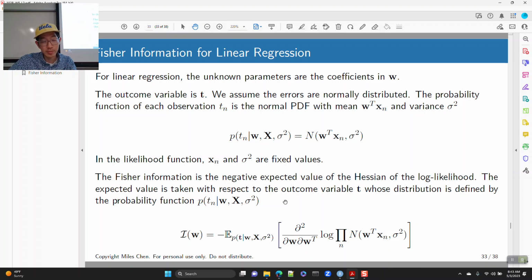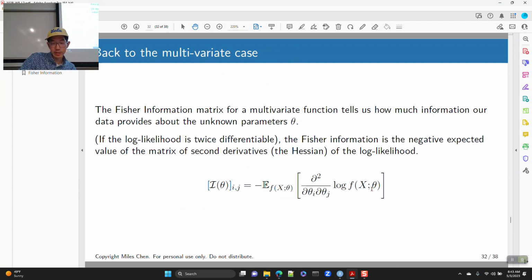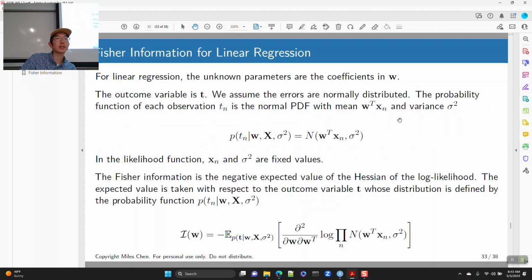So if we do this for linear regression, the unknown parameters are actually going to be the coefficients W, right? Our slope and intercept, or however many terms we have in W. Again, we're assuming our errors are normally distributed.